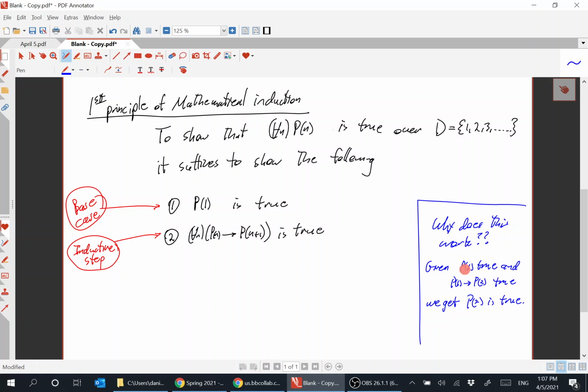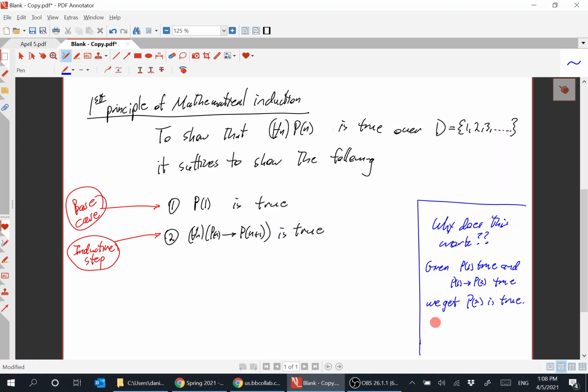Right? P1 is true, and that's the hypothesis of the statement P1 implies P2. But we know that the statement P1 implies P2 is true, therefore P2 must be true, because true has to imply true for the implication to be true. You can't have that true implies false. True implies false is a false statement.